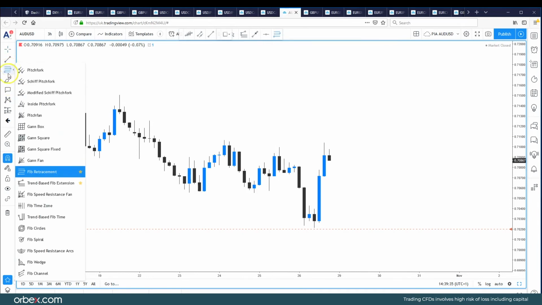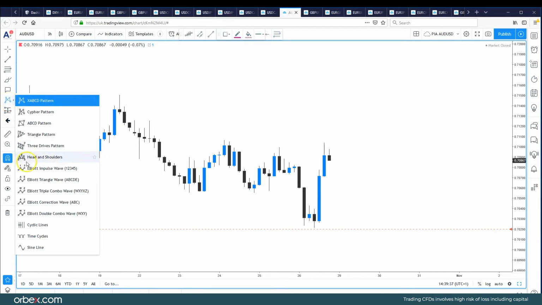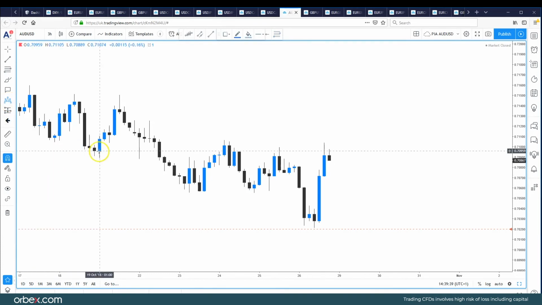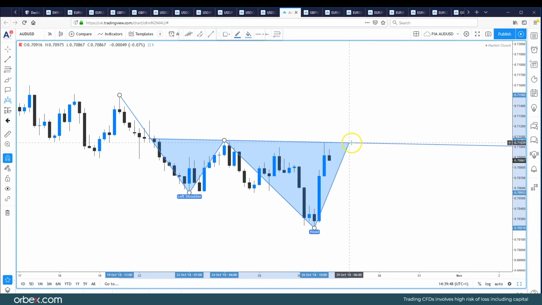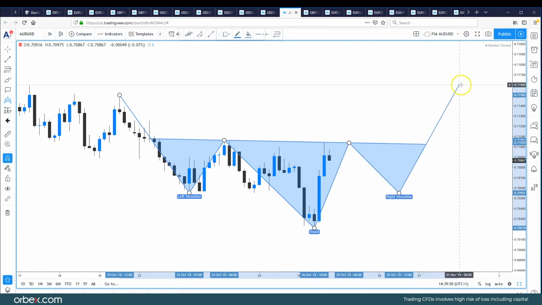If we look at a reverse head and shoulders pattern, so we come down, this being our left shoulder, and then like this, and then move to the upside. So left shoulder, neckline, potentially come down to previous support.